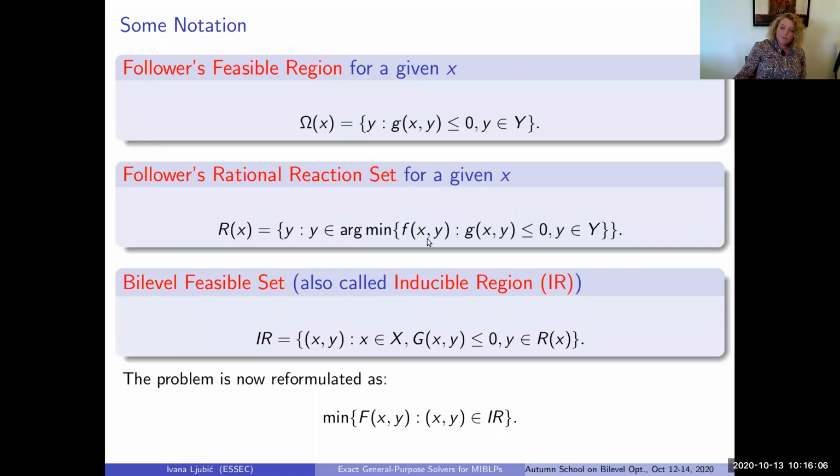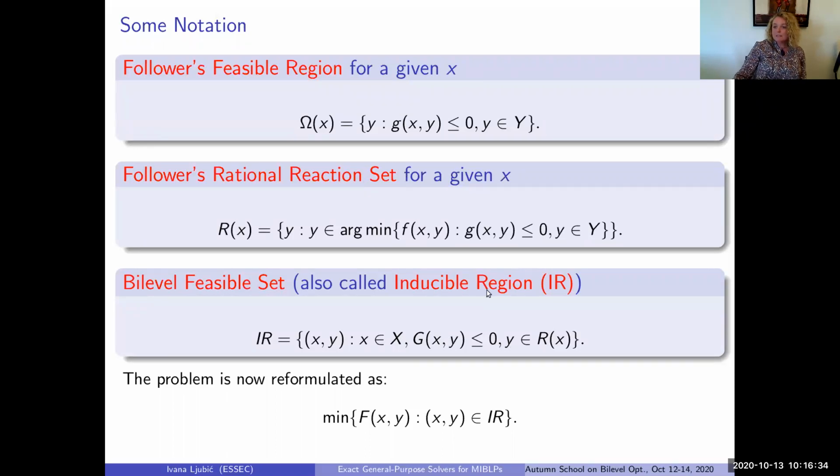And now the set of all bilevel feasible solutions is the set of all points x, y, such that x is feasible for the leader, that is, the constraints at the upper level are satisfied, and also that y is the optimal response of the follower, or that y belongs to the follower's rational reaction set.